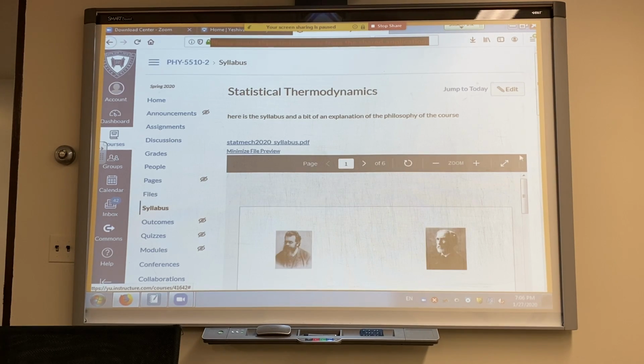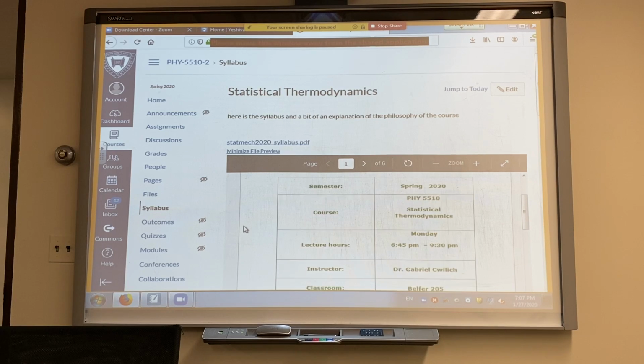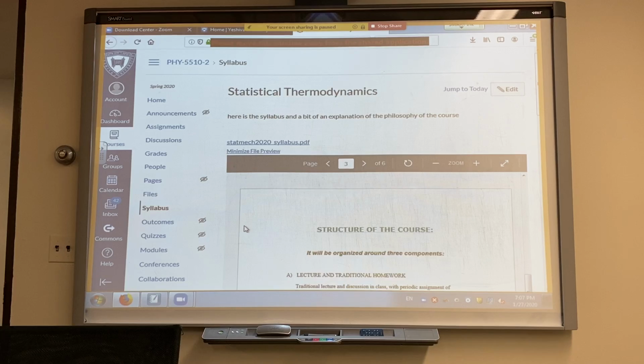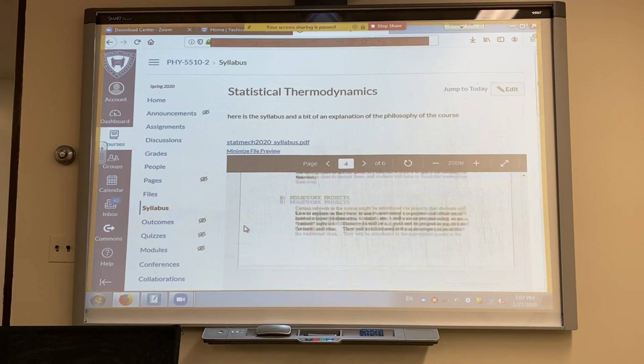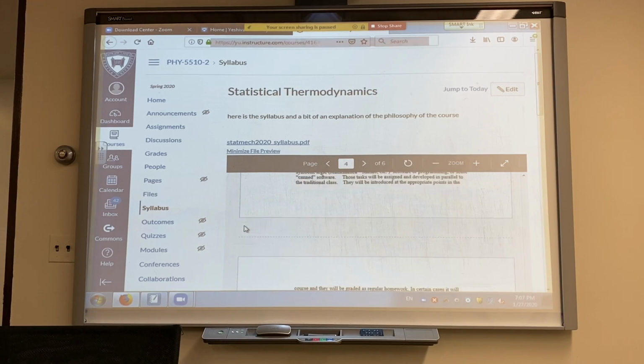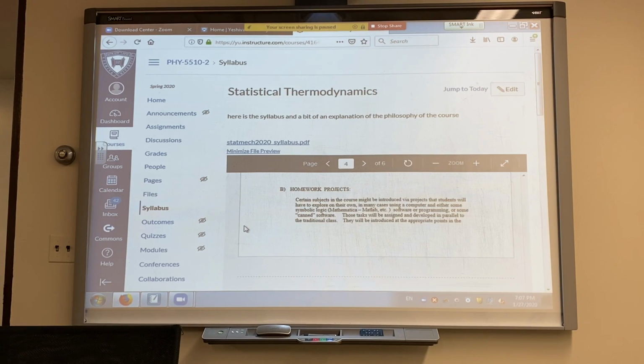I believe I put it in my USB, but you can look it up here. These are the technical stuff, but I will come to the textbooks in a second. I say that mostly will be lectures and examples that I give, and homework problems. Homework problems here are different from problems you did in other courses. They are longer.